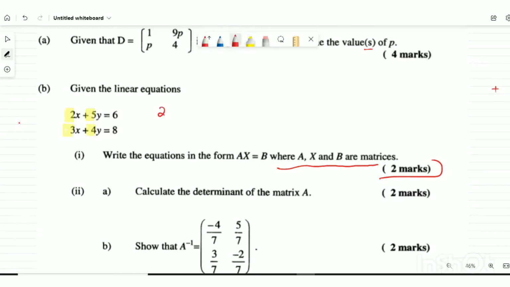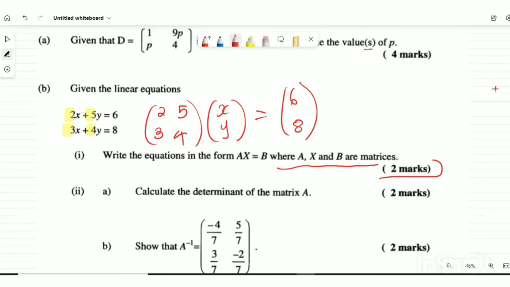So we have [2, 5; 3, 4]. And then we have X and Y here. And this is equal to 6 and 8. So this is the matrix format, A, X, and B. And we would have gotten those 2 marks for that.